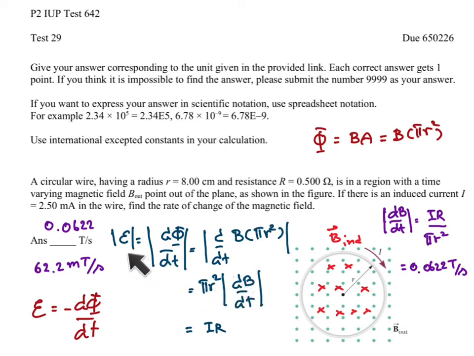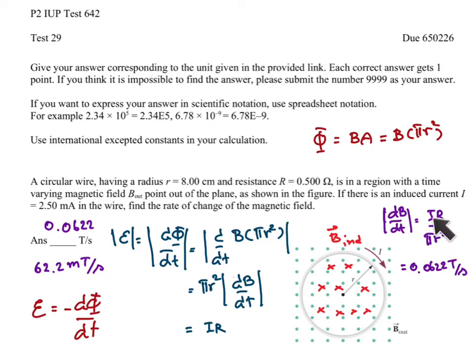On the left side, this is the EMF, and we know from Ohm's law that this EMF must equal the product IR, where I is the current in the wire and R is the resistance of the wire. So we can rearrange this expression to get the magnitude of dB by dt equal to IR over pi r squared. This capital R is the resistance and this small r is the radius.